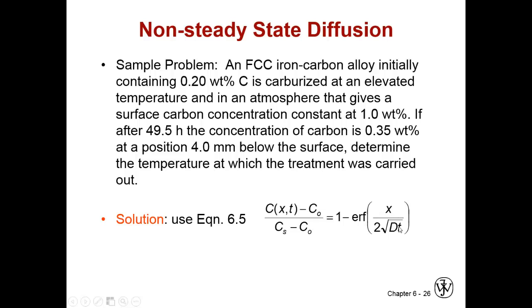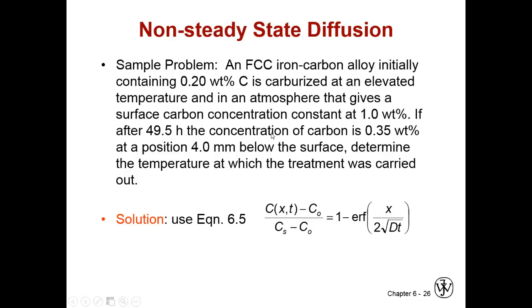So we know that concentration, 0.35%. We know that the concentration at the surface is 1%, and the concentration in the bulk is 0.2%. So we know everything in this equation except D, the diffusion coefficient. So we're going to have to figure that out.